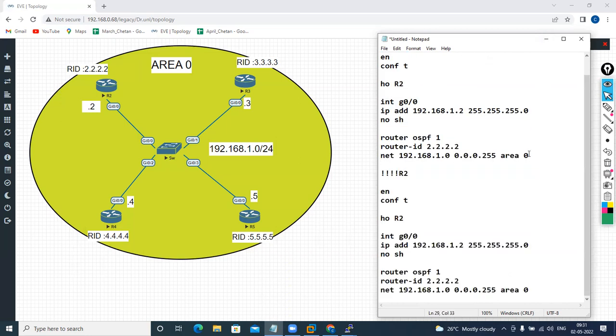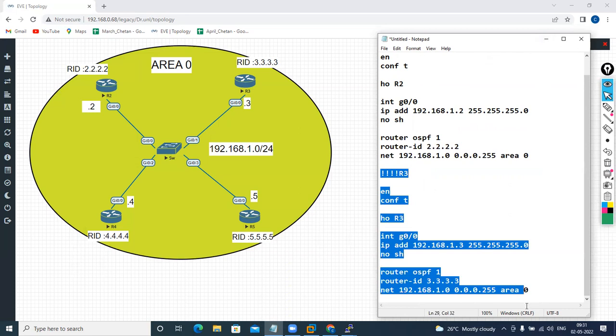On R3, interface 0/0 will be 192.168.1.3. Router ID will be 3.3.3.3, and enable OSPF on the 1.0 network.